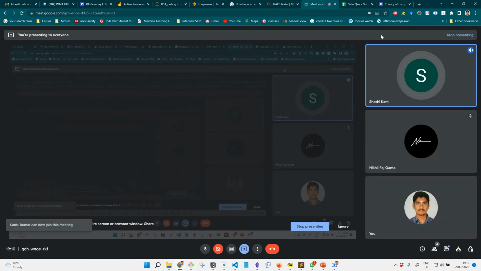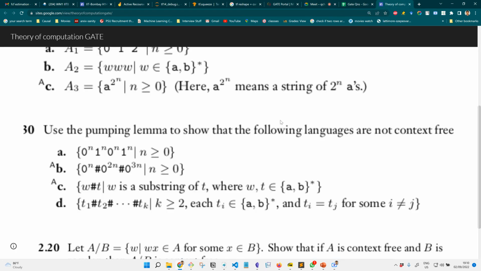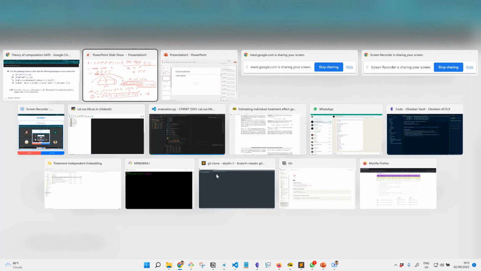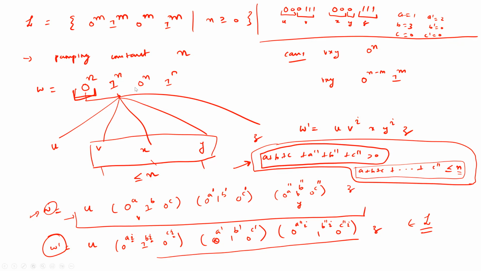I just want to know what is meant by A by B. Even I did not understand that question. Let A by B is the third question. What they're saying is, w such that wx is in A for some x in B. Maybe I'll explain this question, but I don't know how to solve it. I'm not saying I don't want to explain this.